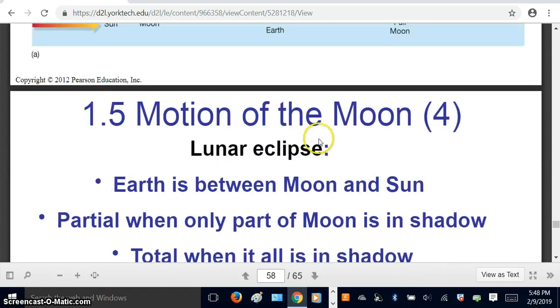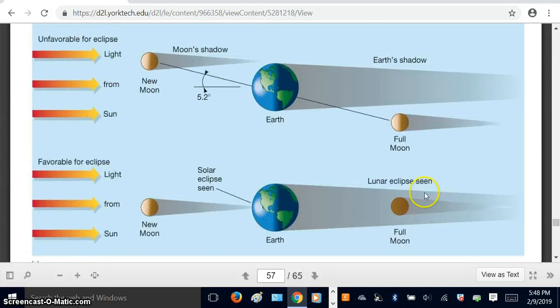So know the difference between a lunar eclipse and a solar eclipse. A lunar eclipse is when the moon is in the Earth's shadow, and a solar eclipse is when the Earth is in the moon's shadow, which is much smaller. It depends on how far away the moon is.